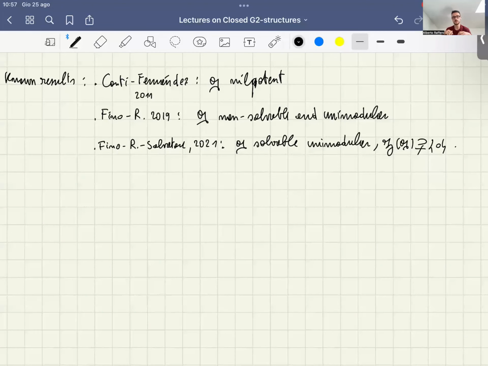Okay, so this is what's going on for Lie algebras, and so for simply connected Lie groups associated with them admitting left invariant closed G2 structures, which is a particular instance of non-compact homogeneous manifold admitting invariant closed G2 structures. So in general, what one might ask is, what can we say about compact homogeneous examples?